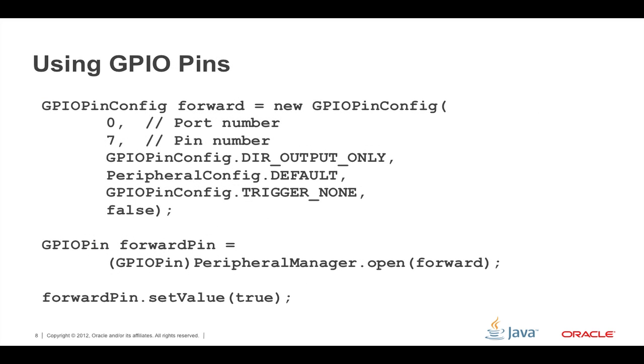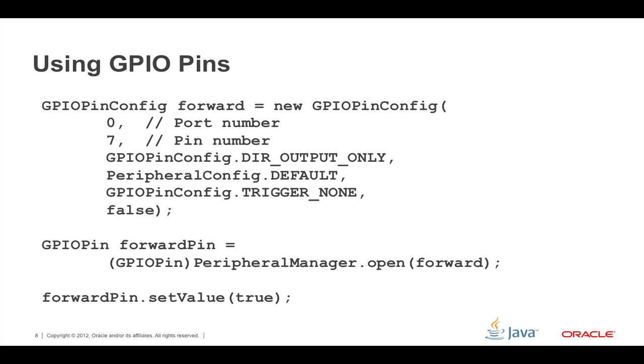From a coding point of view, what I've got here is a simple example of how you can configure a pin to be accessed from within your code. Now you can do this again one of two ways. This is the slightly more complex but also more flexible way, where we define a GPIO pin config object in order to use the peripheral manager to open that particular pin.